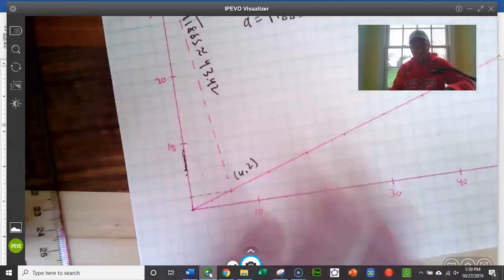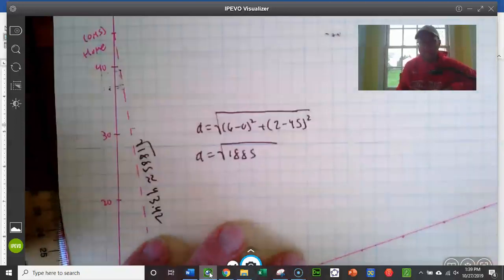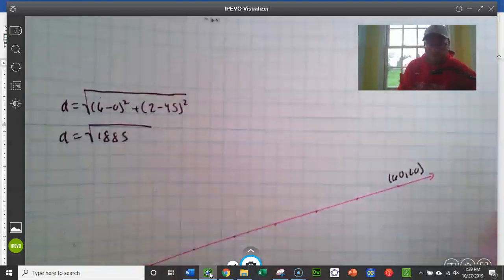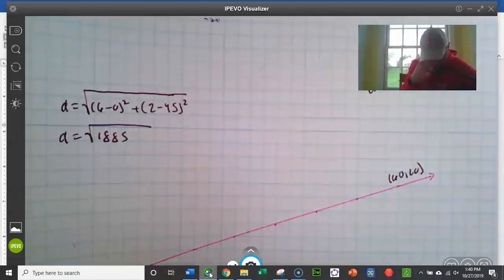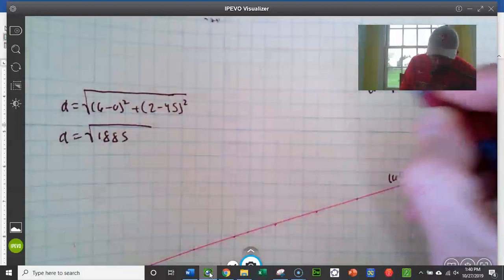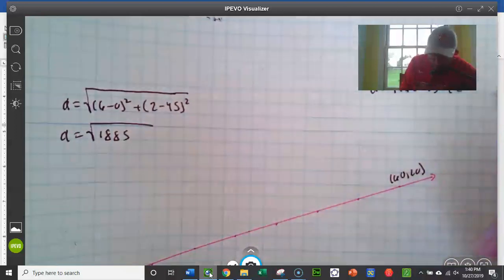Okay, and the point at which we are 65 miles away, 1, 2, 3, 4, 5, is here at 60, 20. So we've got d equals the square root of 60 minus 0 plus 20 minus 45.